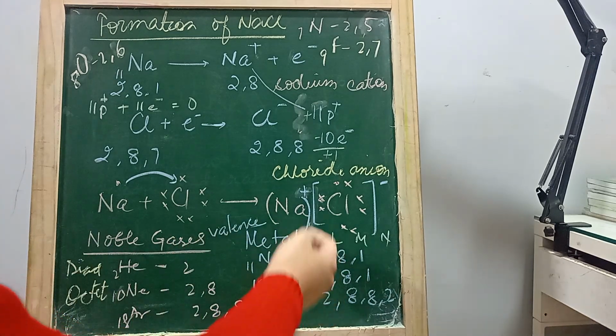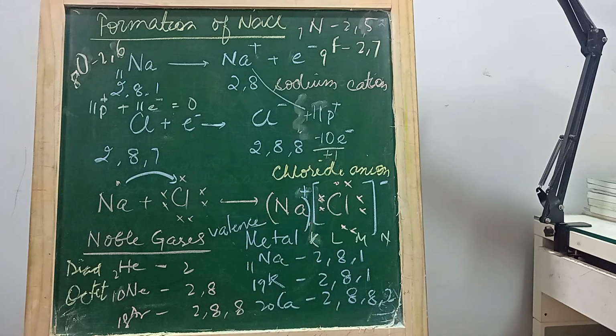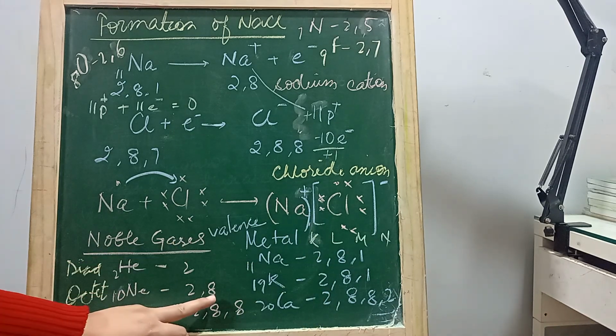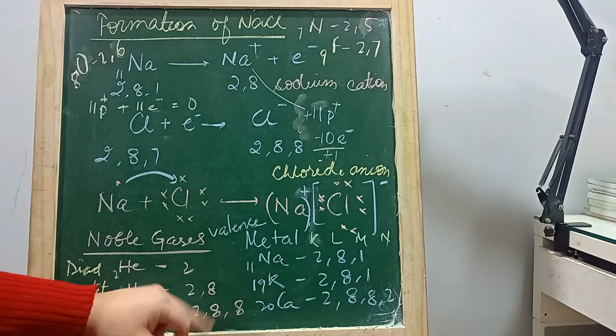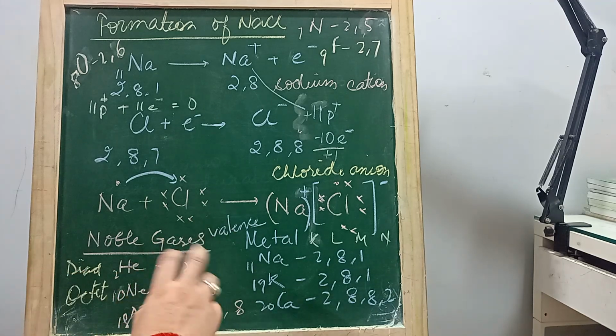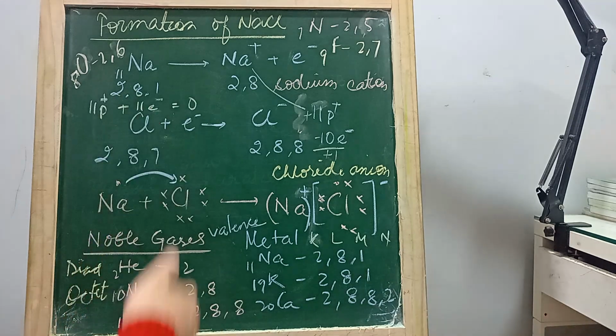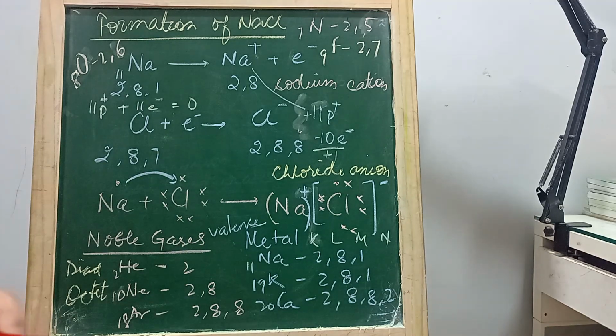In helium, the K shell can accommodate a maximum of 2, so the K shell is filled. In the case of neon, the L shell can accommodate a maximum of 8, so this one is also completely filled. The quota of electrons in the valence shell is complete. Similarly, argon has 8 electrons in the outermost shell.